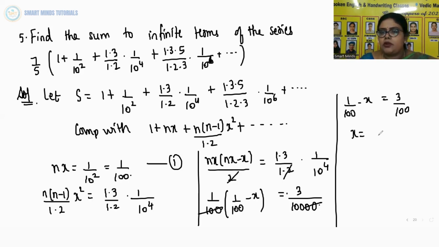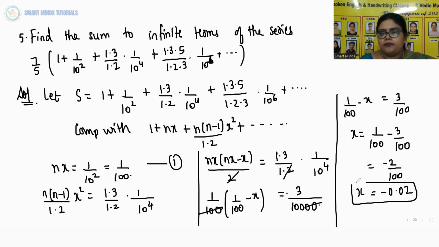So x is equal to 1 by 100 minus 3 by 100. That is minus 2 by 100. That is minus 0.02. This is the x value. So after getting the x value, if you are comfortable with fractions, you can even write it as minus 1 by 50.